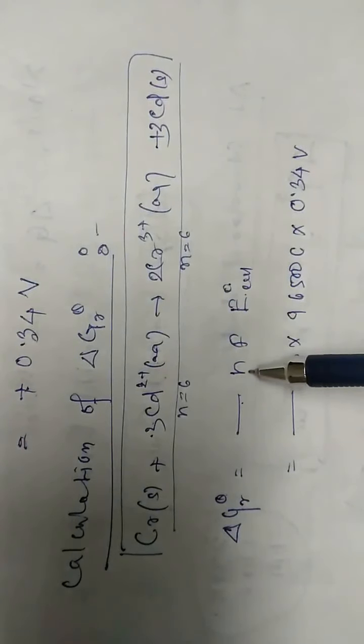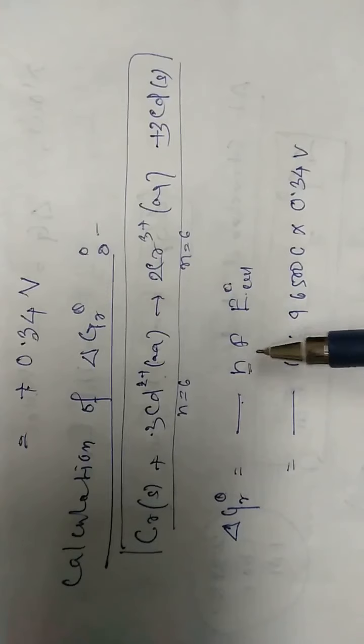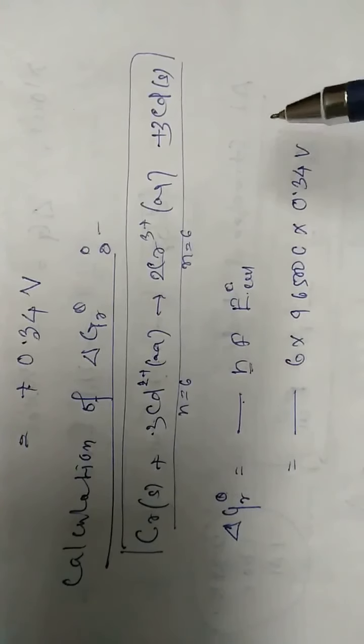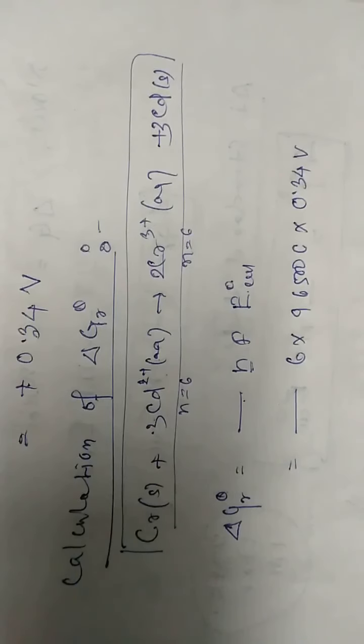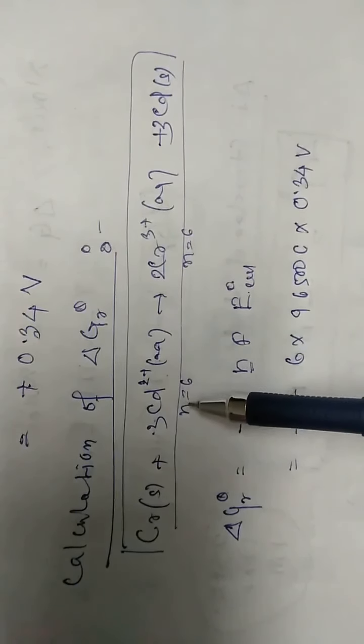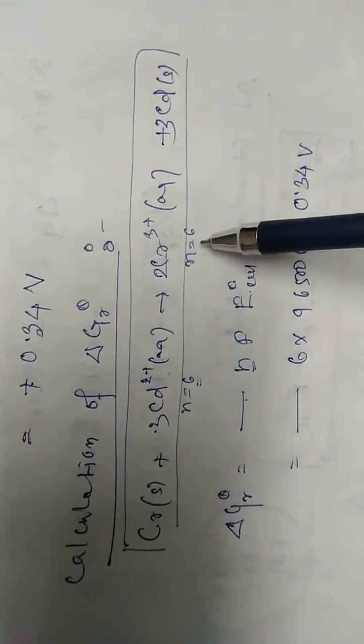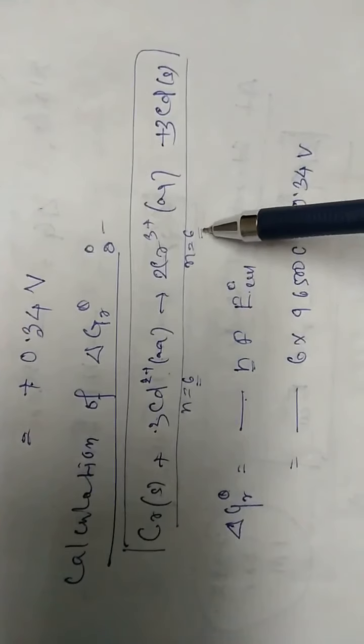So how can you find out n? n means the number of moles of electrons lost and gained during the oxidation and reduction in a redox reaction. In this reaction, during oxidation 6 moles of electrons are lost, and during reduction 6 moles of electrons are gained.